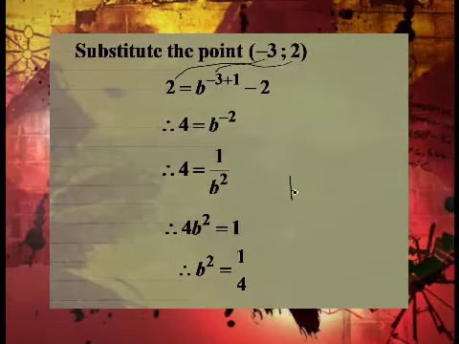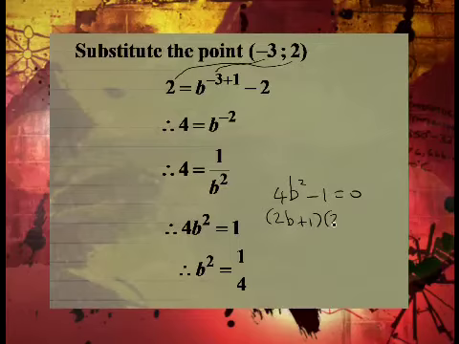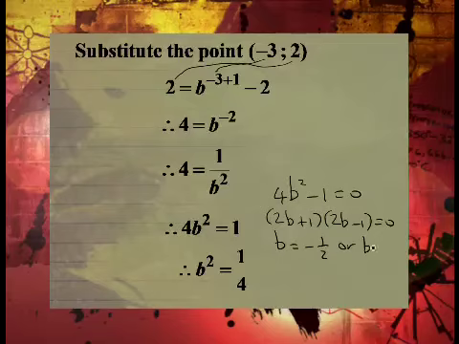You can get a difference of 2 squares if you like. That's one way of doing it. Then you get b is equal to minus a half, or b is equal to a half. Or from that stage you can simply say b is equal to plus or minus a half.